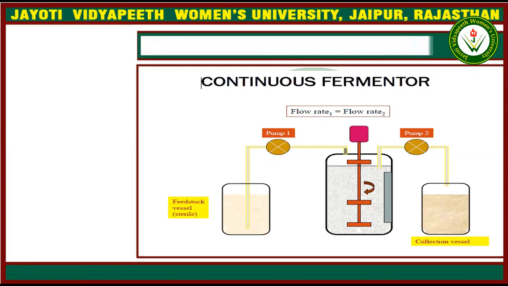It is dependent on time. And turbidostat is the state in which we add the nutrients, media, substrate on the basis of turbidity, on the basis of concentration of the cells. When the enough concentration is reached, we take out some of the cells and we add some of the media substrate, at a similar rate.